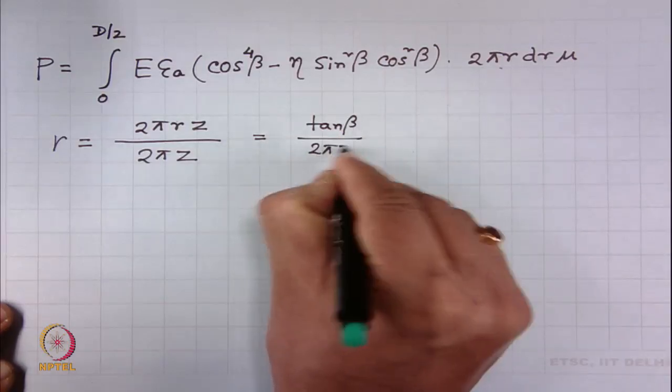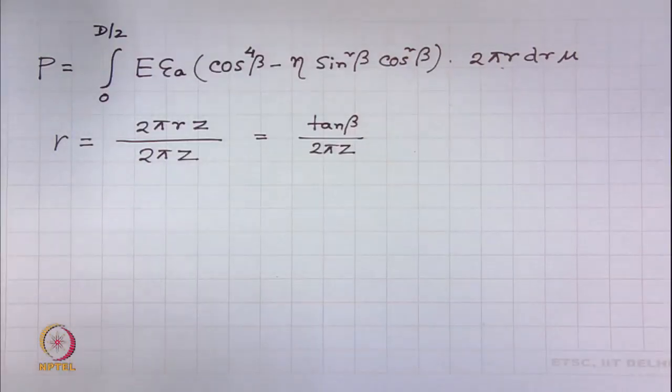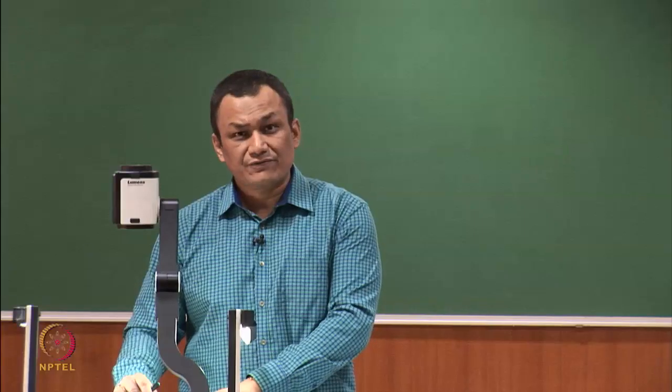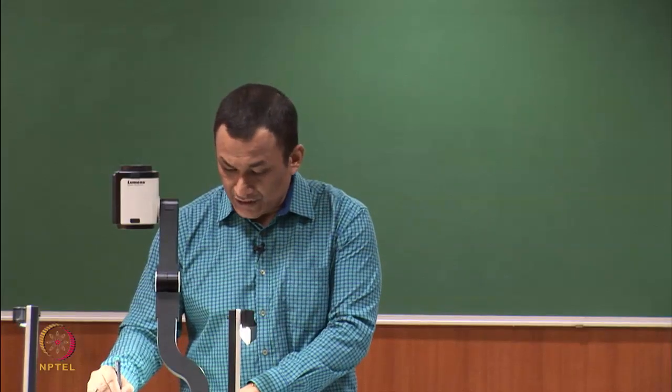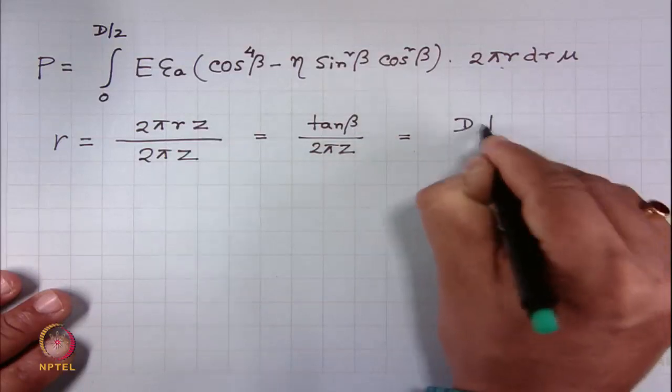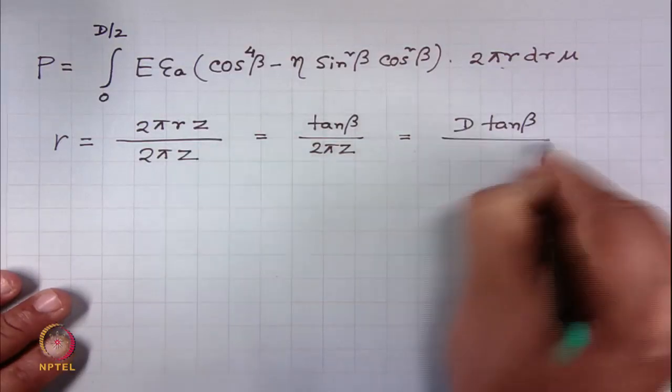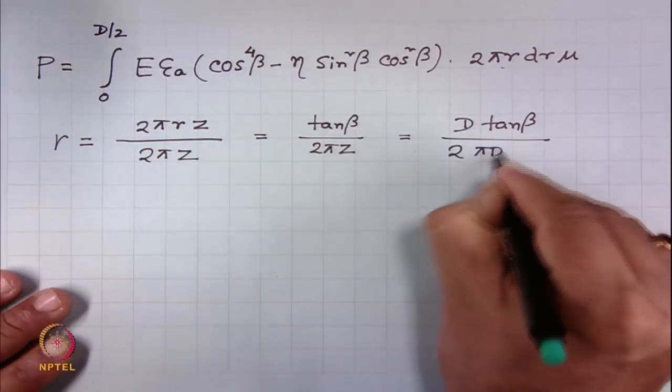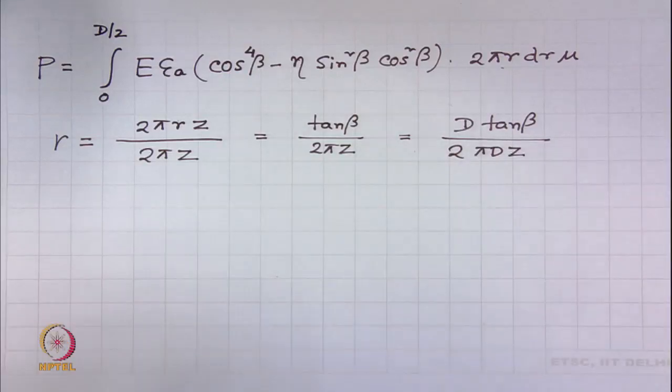Two pi z in the denominator, we multiply capital D. Similarly, we have to do the same for the numerator. So, let us do that. What is this pi D z?